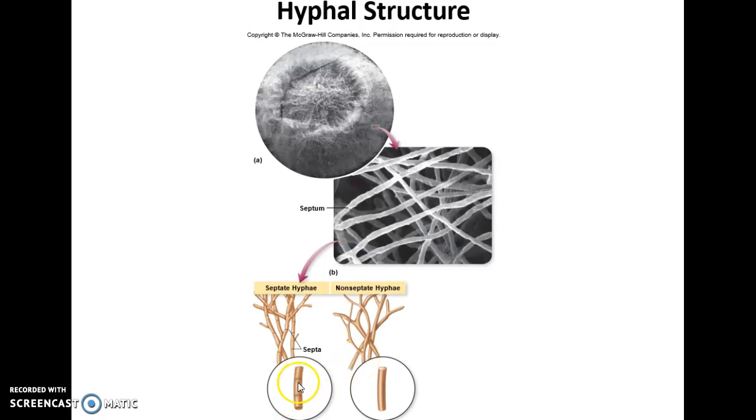With the septate, you will generally always have one nucleus in each section. With the non-septate, you just won't have as many nuclei. You'll have one filament that you can look down and stain and see 3 or 4 nuclei that help to maintain the function of that non-septate hyphae.